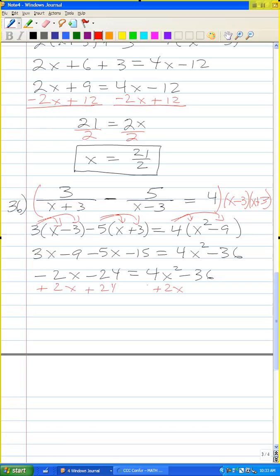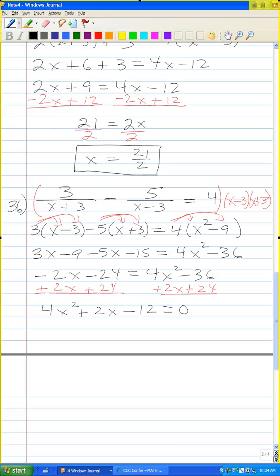Add 24 to both sides of my equation. And so you get 4x squared plus 2x, negative 36 plus 24 is minus 12, equals 0.